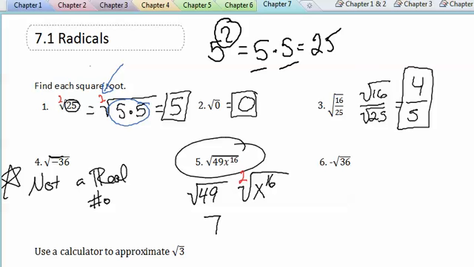And like we talked about up here in this example, we were looking for pairs. We had a pair of 5s. In that case, this would be a pair of 4s for the 16, or a pair of 5s for the 25, and so on. So let's rewrite x to the 16 as actually 16 x's.